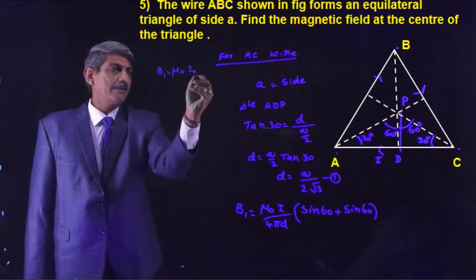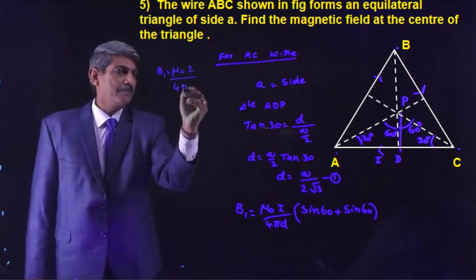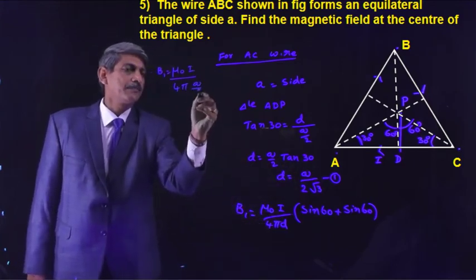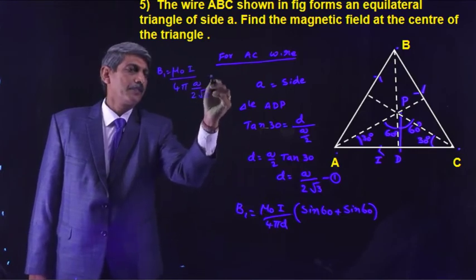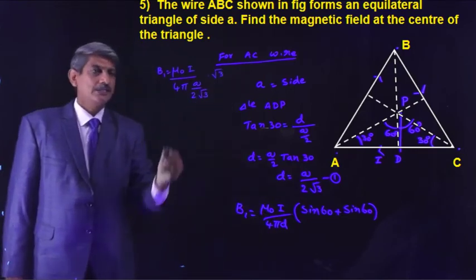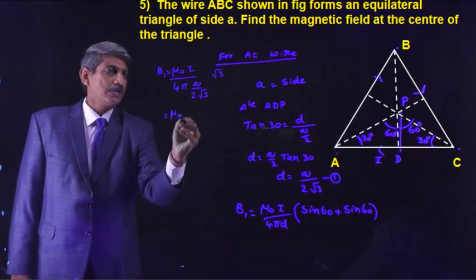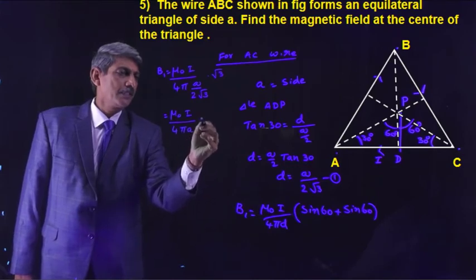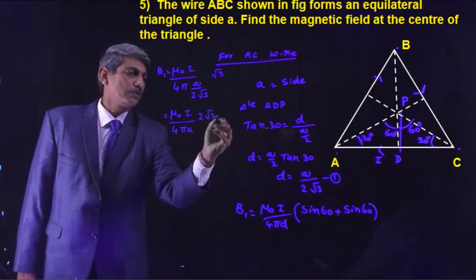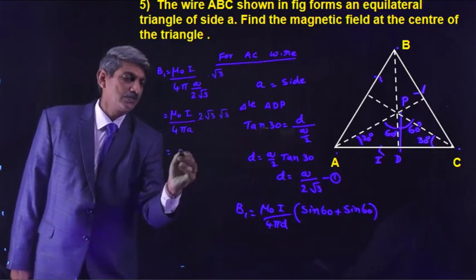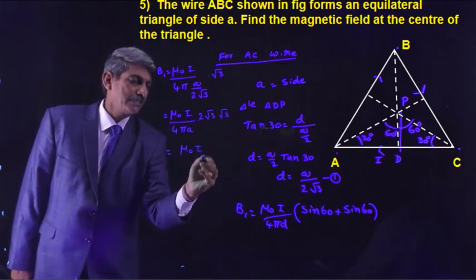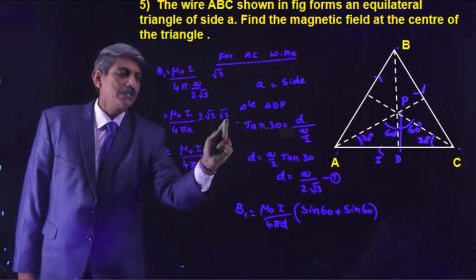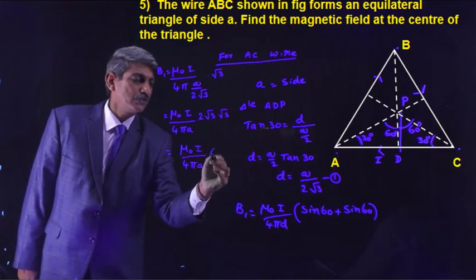mu naught I divided by 4 pi into what is the D value? D is equal to A by 2 root 3 into root 3. This is equal to mu naught I divided by 4 pi A into 2 root 3 into root 3, that is equal to mu naught I divided by 4 pi A into root 3 into root 3 is equal to 3, 3 into 2 is equal to 6.